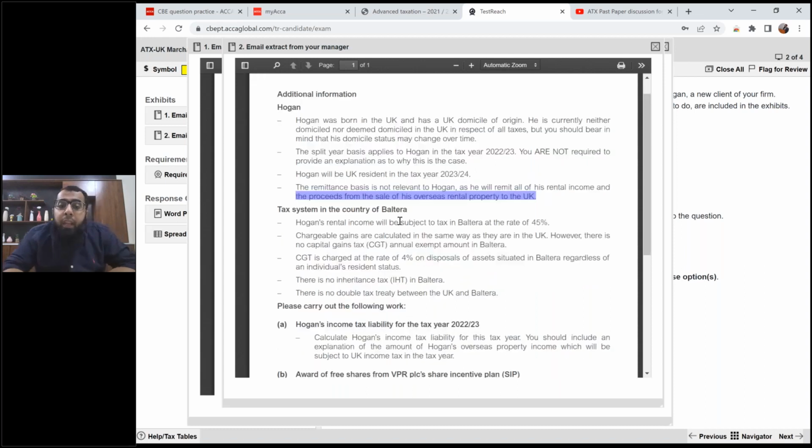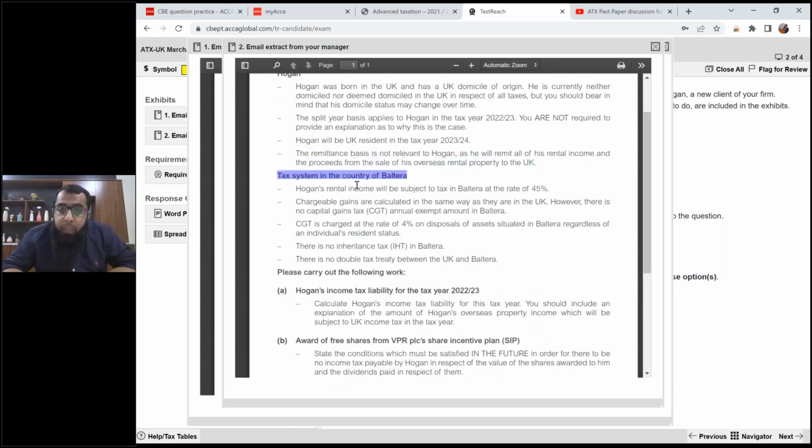The tax system in the country of Baltira. Hogan's rental income will be subject to tax in Baltira at the rate of 45%. Chargeable gains are calculated in the same way as they are in the UK. However, there is no capital gains tax annual exemption in Baltira.